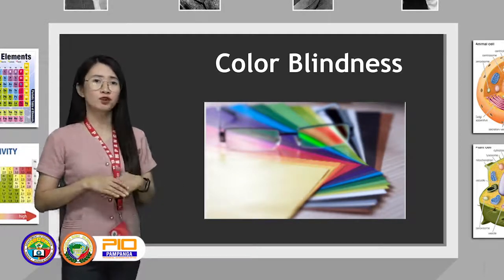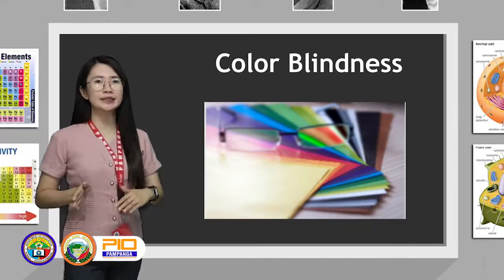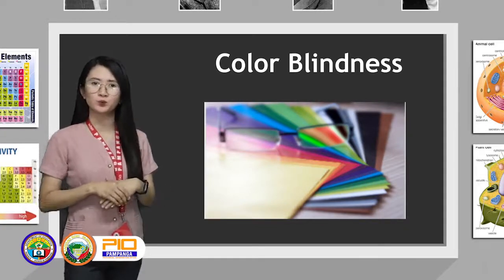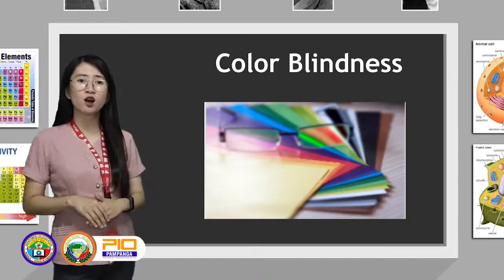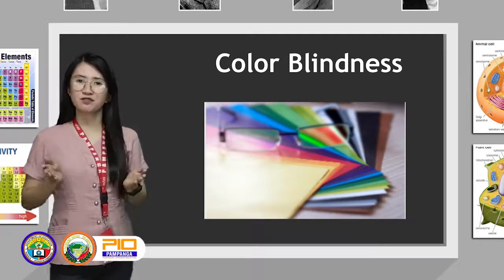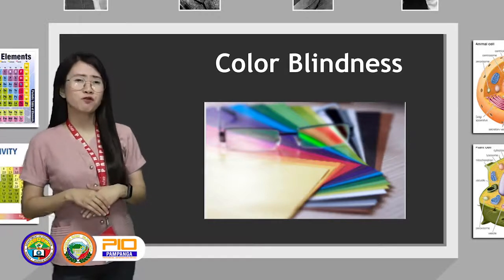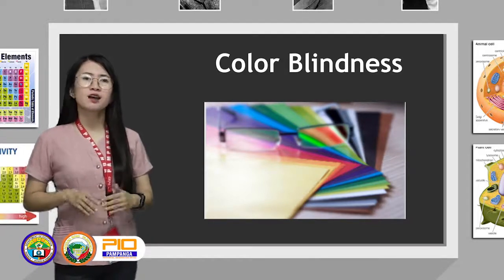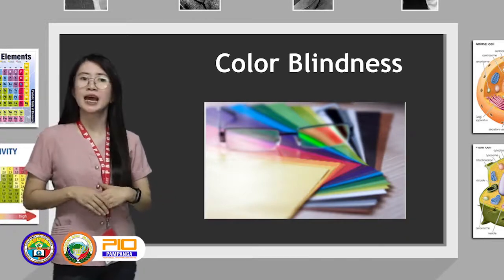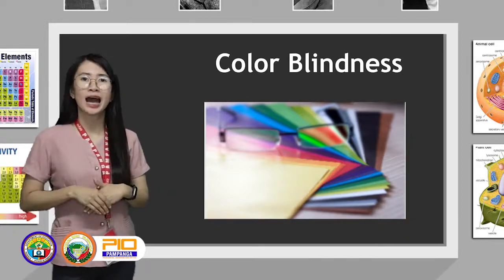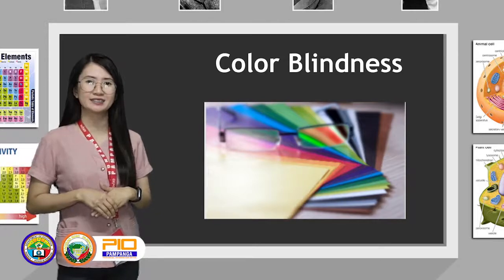One of the genes for color blindness is located in the X chromosome. Because of this, males have a higher tendency of acquiring the trait than females. Though females may be carriers, they are not normally affected because color blindness and hemophilia are both X-linked traits.